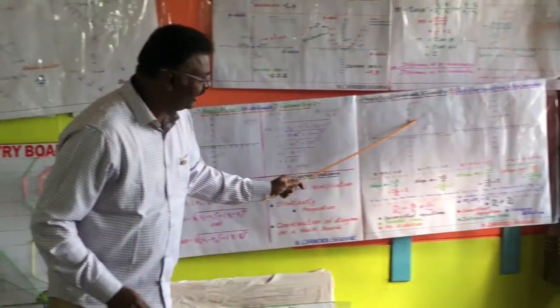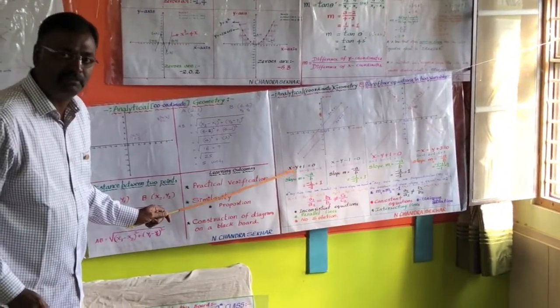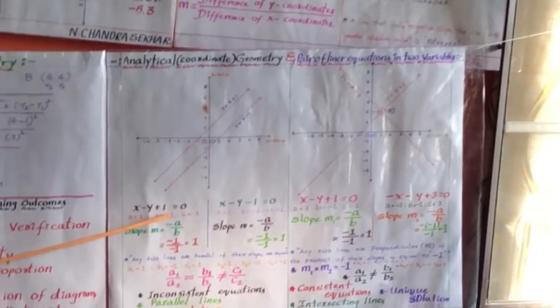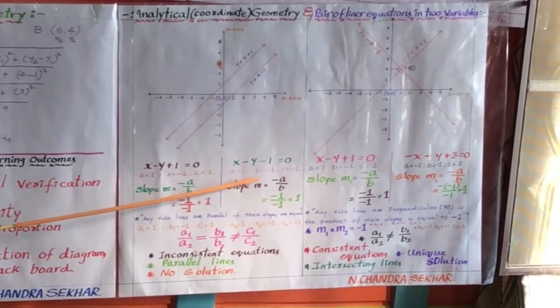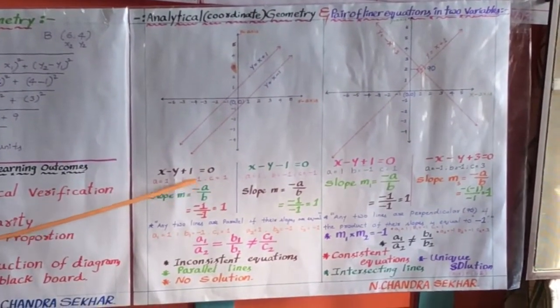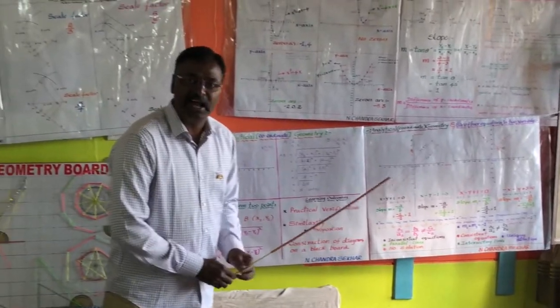Come to this one. For example, like this, I want to find the equation of the line. Here the coefficients give the slope as minus a by b. Using that formula, I find the slope in your notes or textbooks, but here the same condition I will apply.